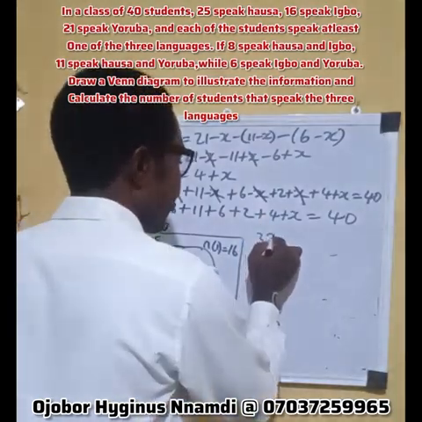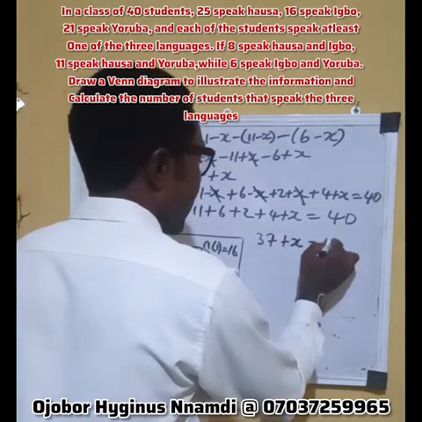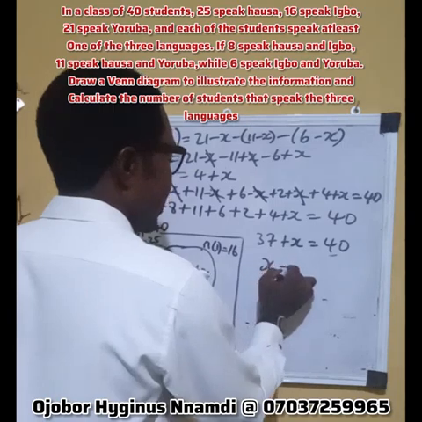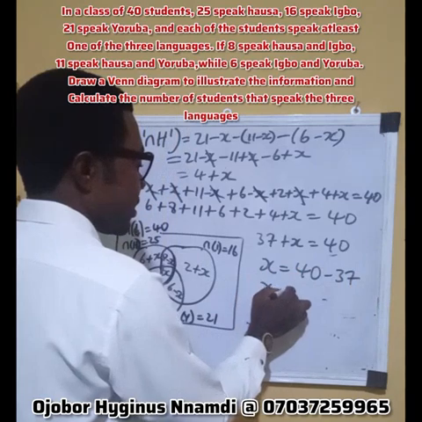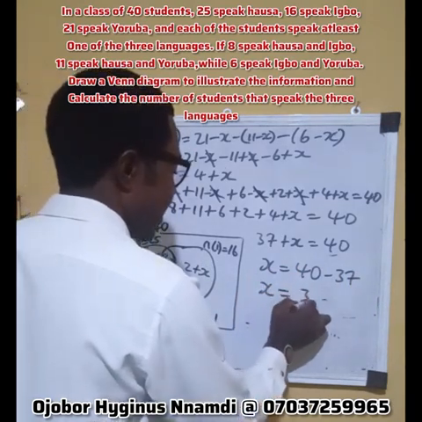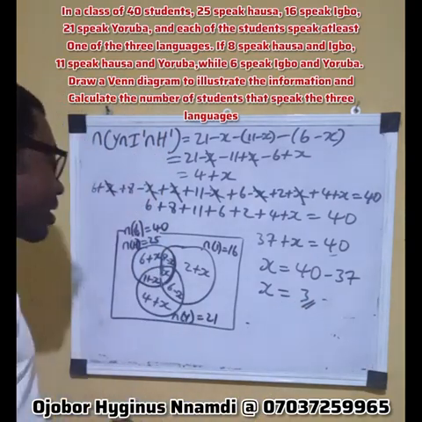We have 37 plus x equals 40. So x definitely is going to be 40 minus 37. x is 3. And that is the number of students that offer the 3 subjects.